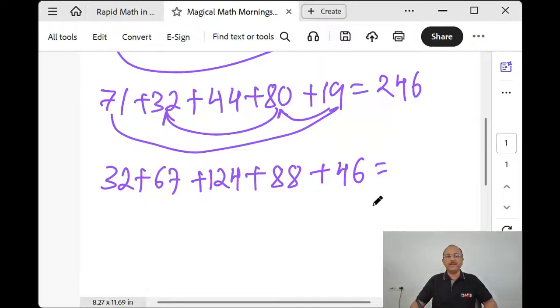I had given little bigger numbers. Is it? We got one answer.